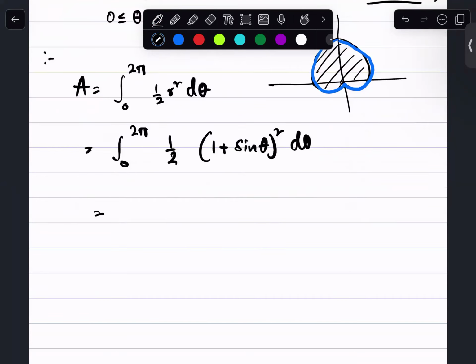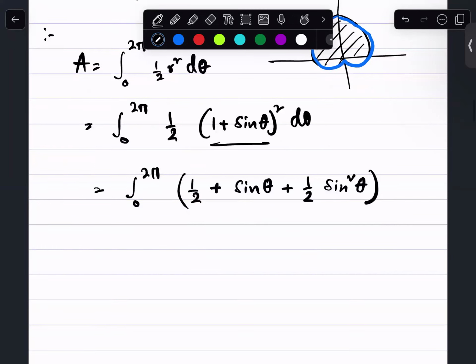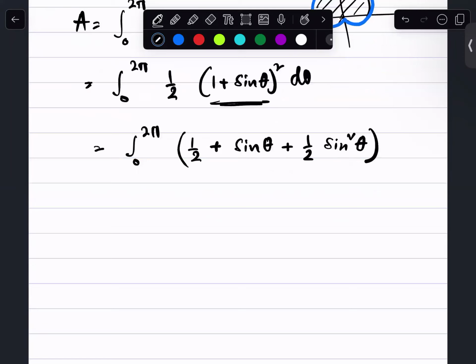But this is nothing but the integral from 0 to 2 pi of half plus sine theta plus half sine square theta. When you factor this half inside and you use the formula for a plus b whole square, you'll get this expression at the end. And for this integration, we have to use the reduction formula.